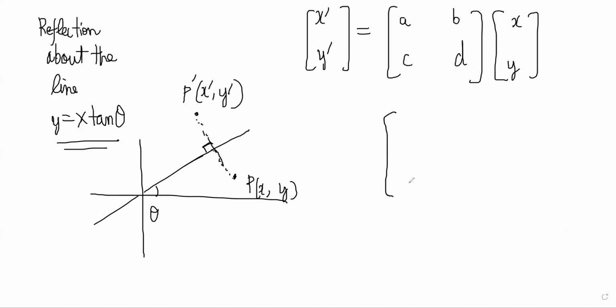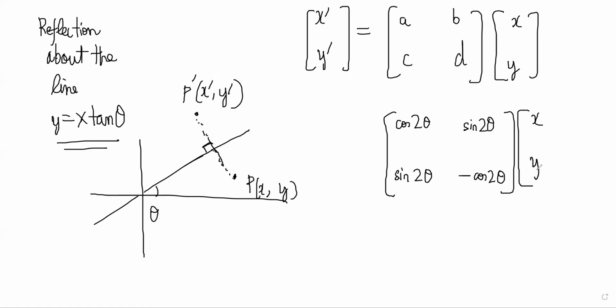Finally, you can prove that the required matrix will come out to be cos 2 theta, sin 2 theta, sin 2 theta, minus cos 2 theta. This is the reflection matrix which will help you reflect a point about a random line through the origin.